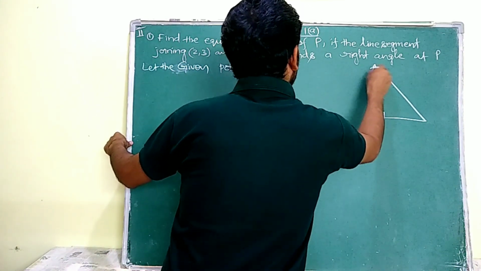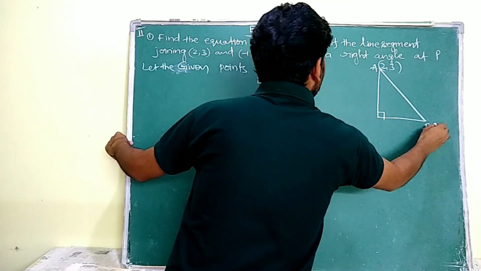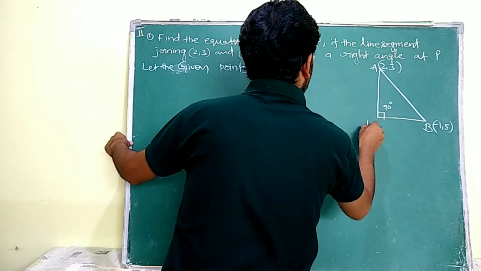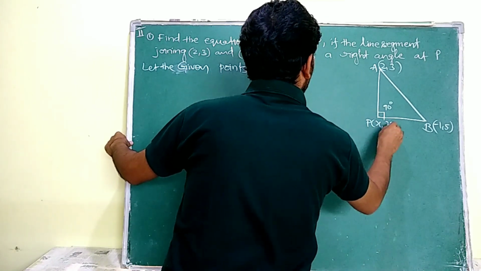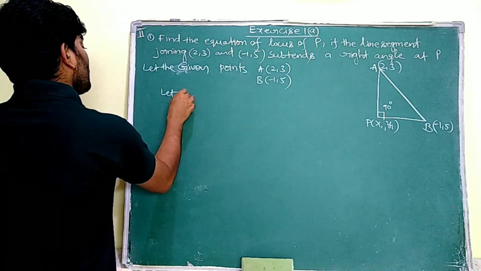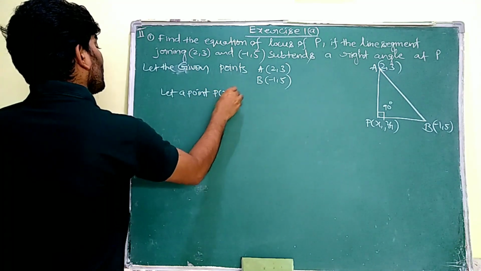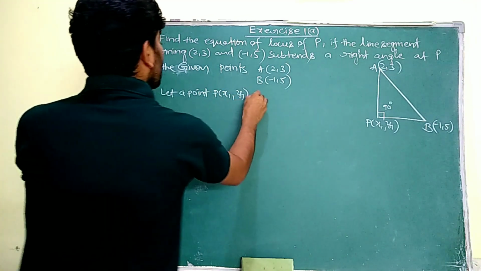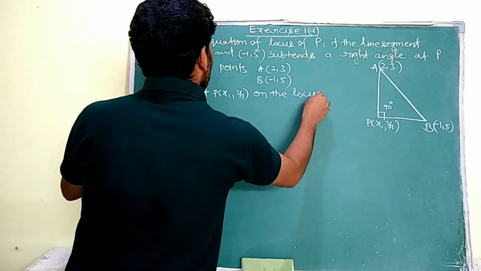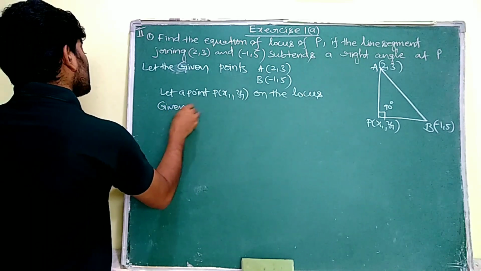The line segment formed by joining A and B subtends 90 degrees at the point P. Let the point P(x1, y1) be on the locus. That is the given geometric condition.